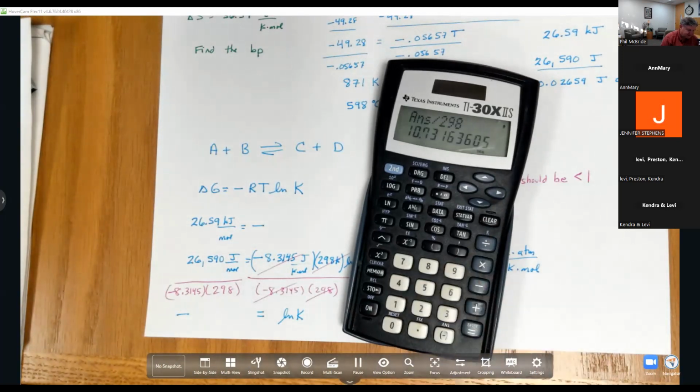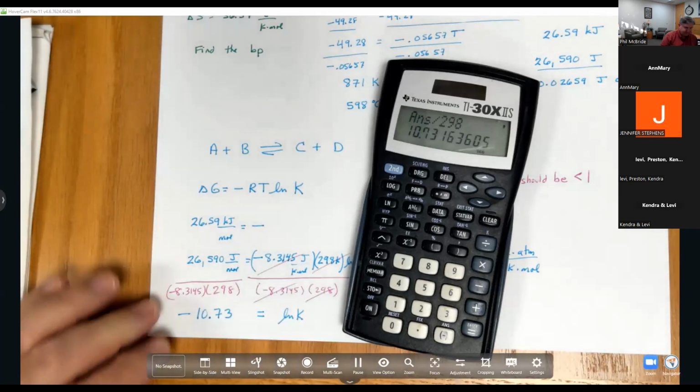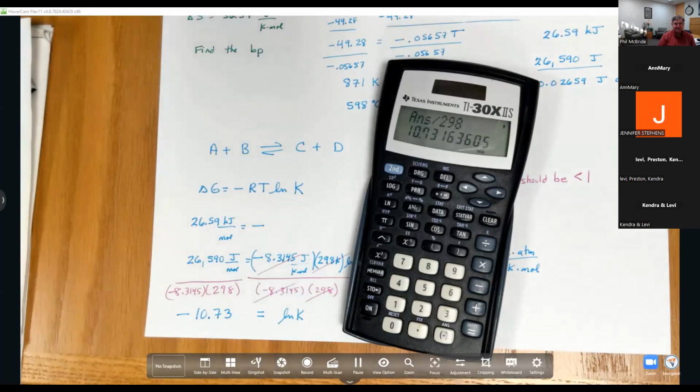I got a negative 10.73. Anybody agree with that? Yes.